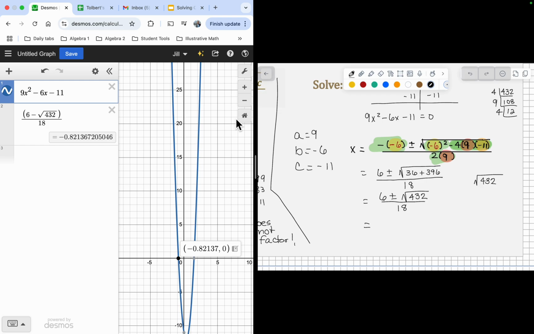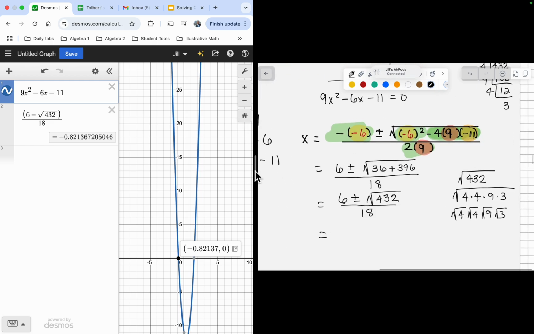So I can actually write, well, I'm not going to do it that way. I'm just going to write it this way. So the square root of 432, I can rewrite as 4 times 4 times 9 times 3. This is a perfect square, this is a perfect square, this is a perfect square, this is not a perfect square. So then when I go to simplify this radical, I'm going to break it apart into 4 separate radicals.